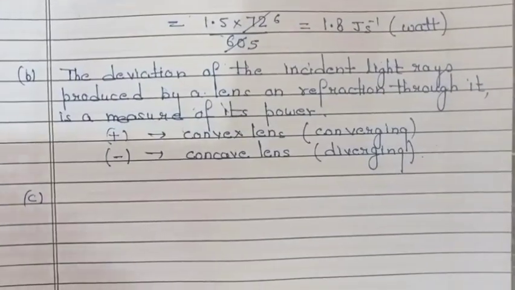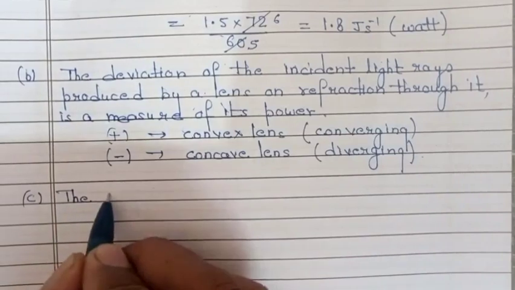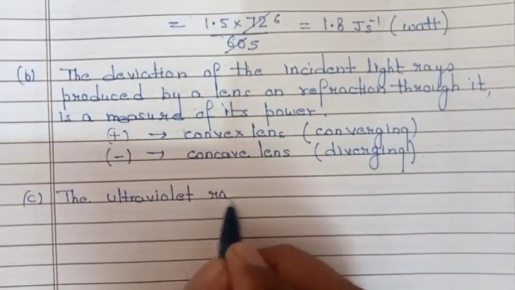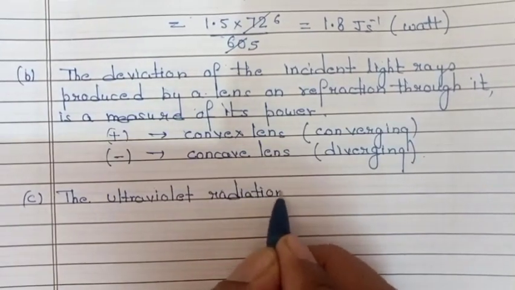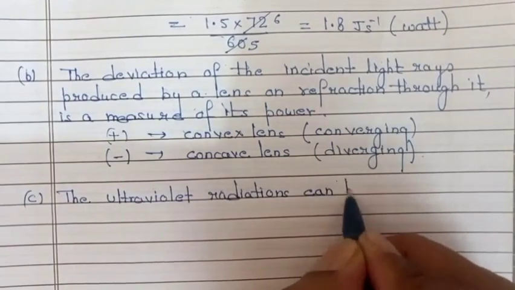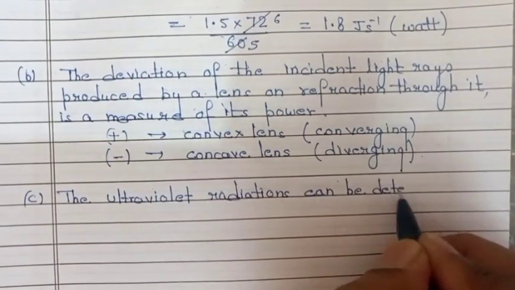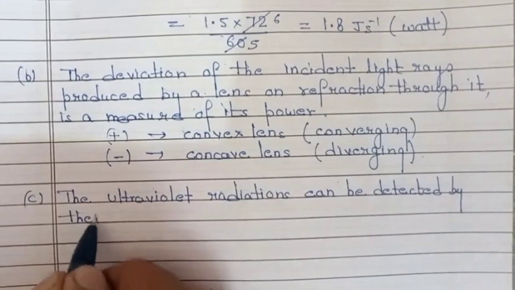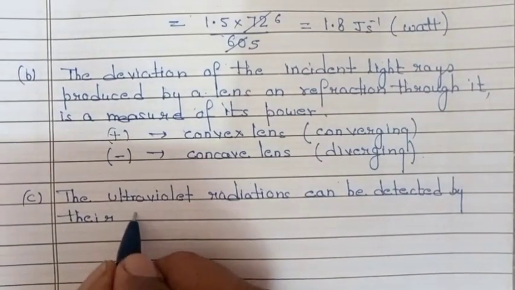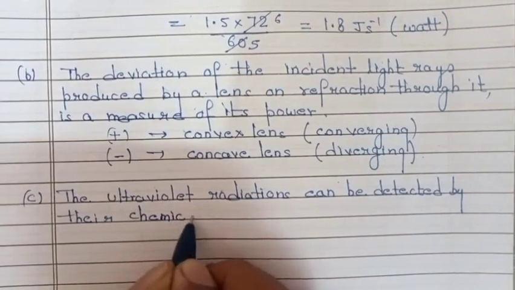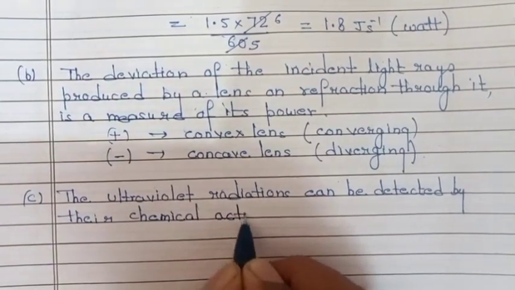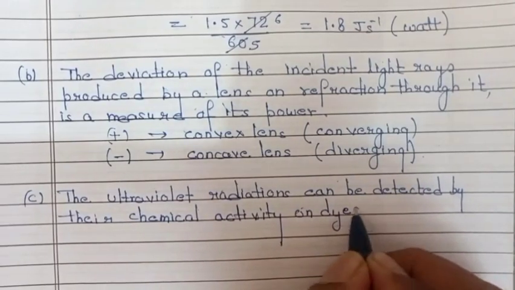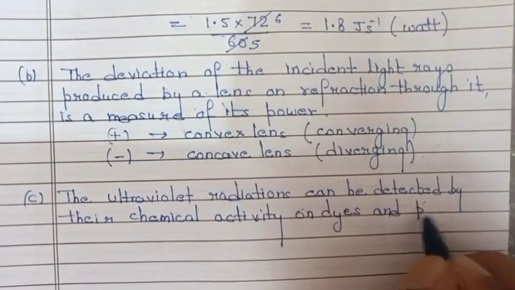So remember, the ultraviolet radiations can be detected by their high chemical activity on dye and photographic plate.